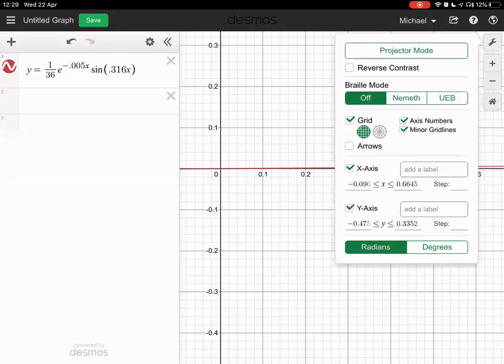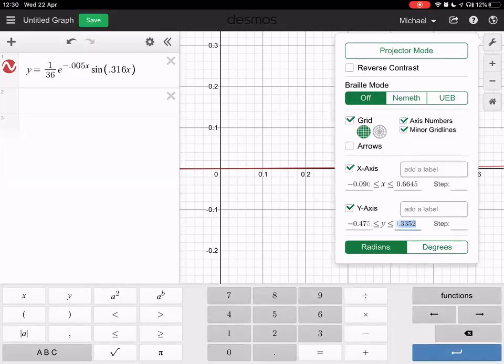Just these axes. We have a y-axis going up to 0.1.